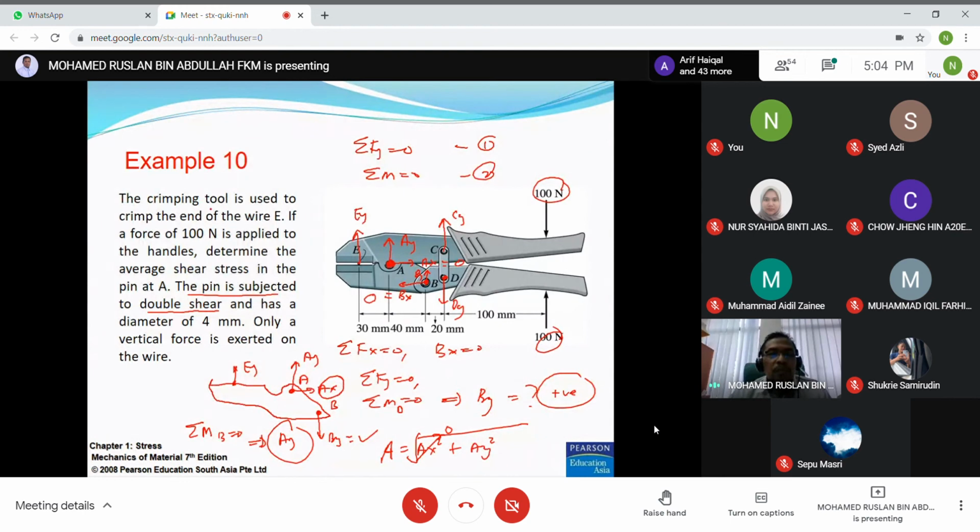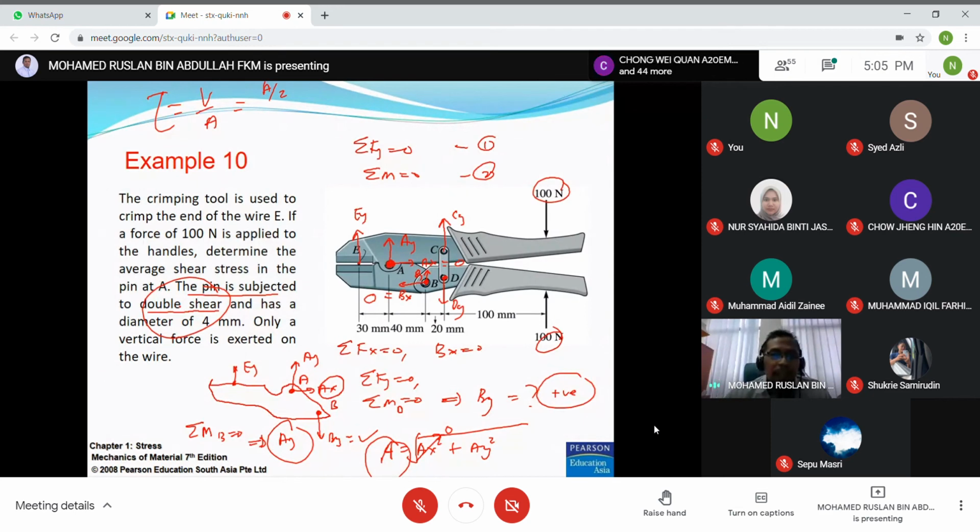So how to determine the average shear stress? Tau equal to V over A. Because this is double shear, it's mentioned here, double shear. So V in this case equal to force A divided by 2.